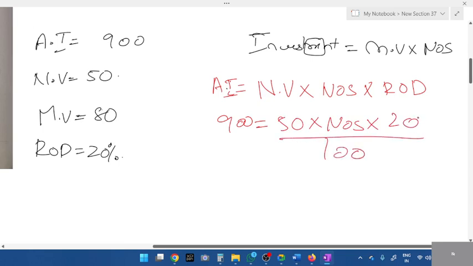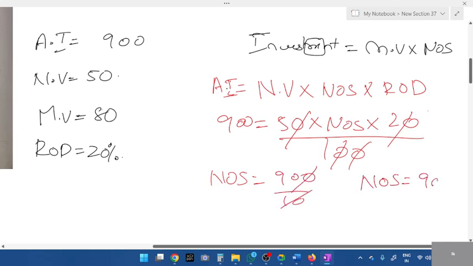Which one gets cancelled? Two zeros get cancelled. 5 twos are 10. Where will the 10 go? So 900. Very good. Number of shares is equal to 90.